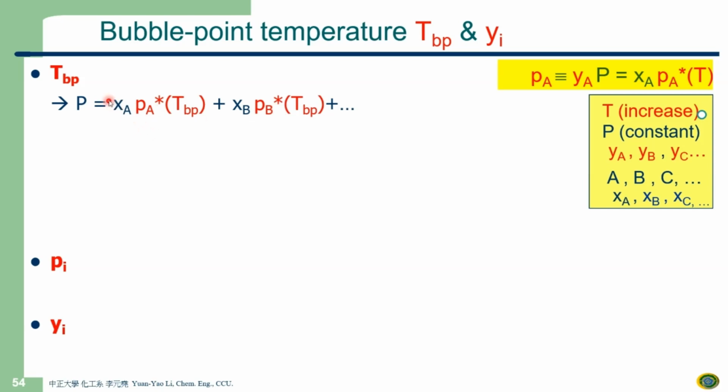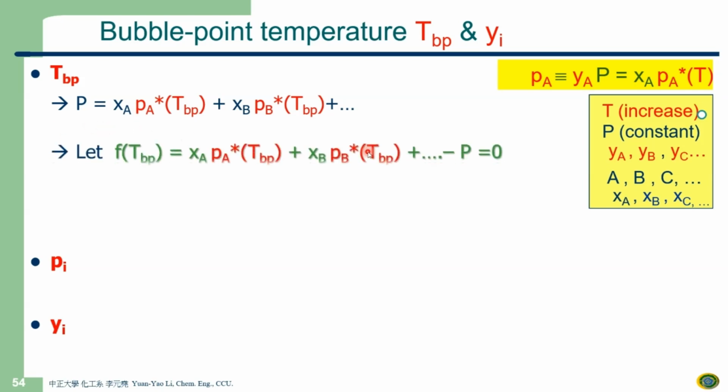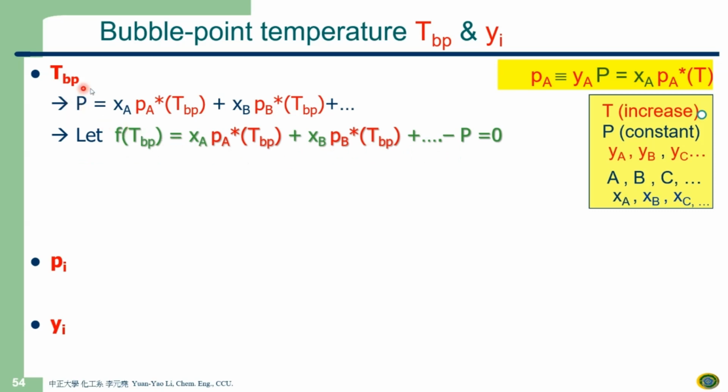Because we know this is the equation we want to follow. This is why you put Raoult's law and Dalton's law together, so you can have this equation. And then how are you going to find out? So you know the total pressure, right? Because this is a constant.